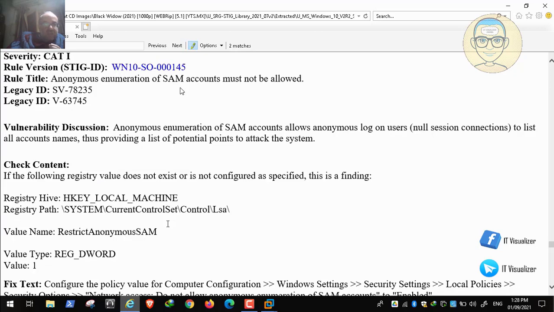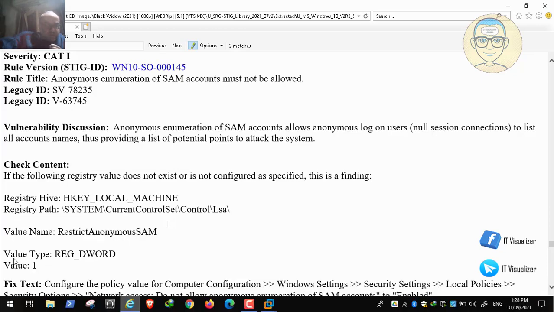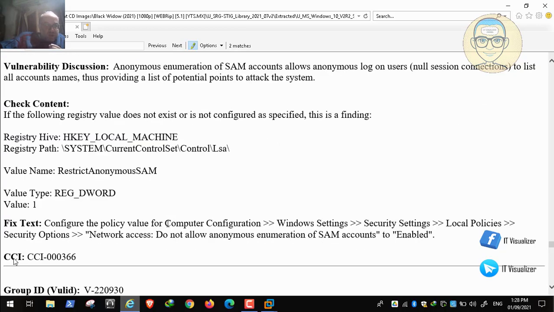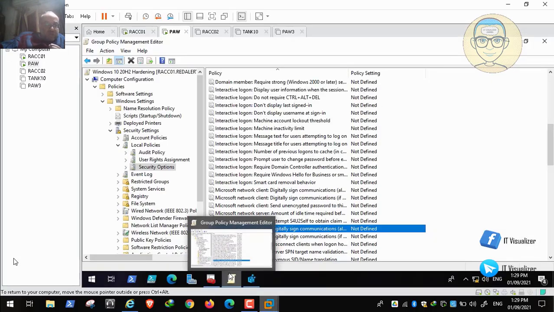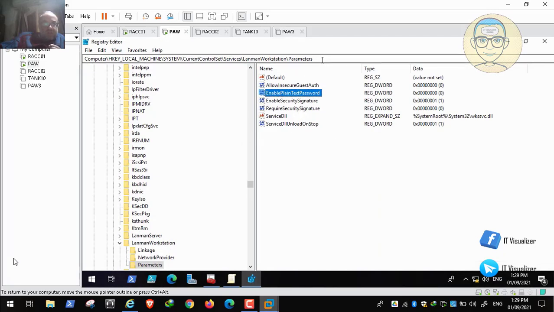SAM accounts include Active Directory cached accounts and the local users accounts. Anyway, so here we will restrict anonymous SAM. Here we need not to enumerate the SAM accounts. Do not allow anonymous enumeration of SAM accounts. So this is also one of the things we need to check.